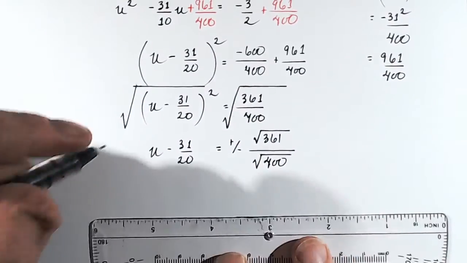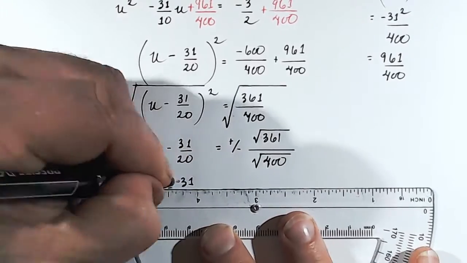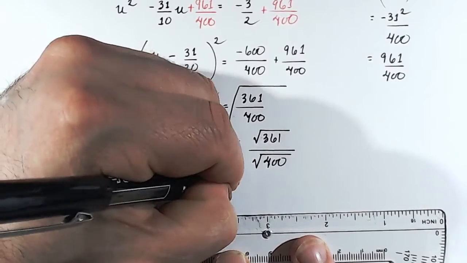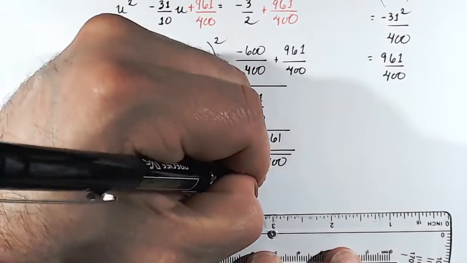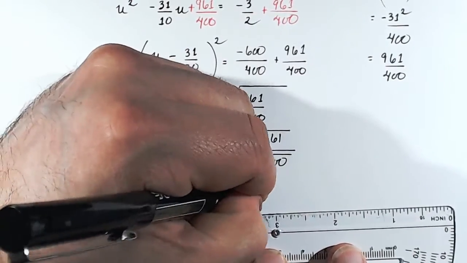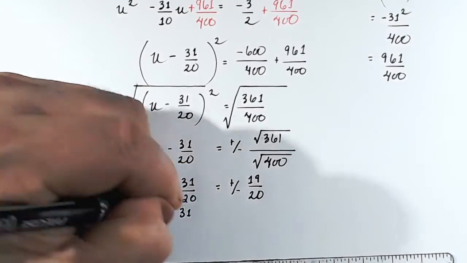Okay, so one more time I'll rewrite that left side, u minus 31 over 20 equals plus or minus, and now I can simplify these square roots into 19 over 20. And now I add 31 over 20 to both sides.